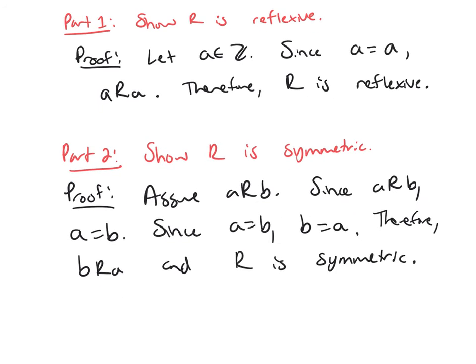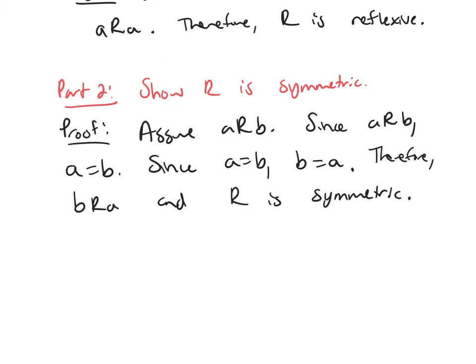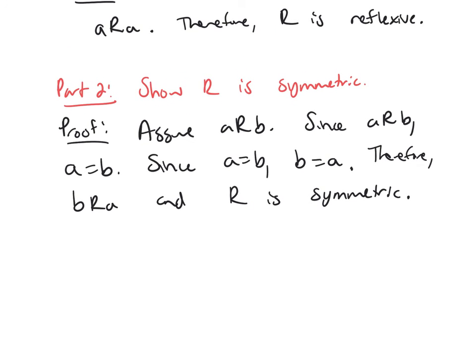So we've shown that this relation is reflexive and symmetric. The only other part that we need to prove in order to show it's an equivalence relation, you need to show R is transitive.